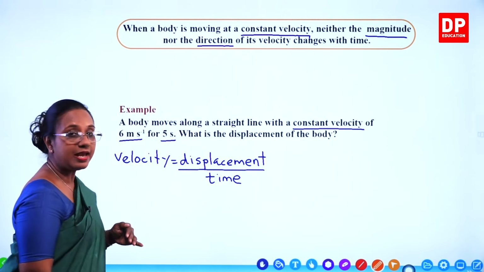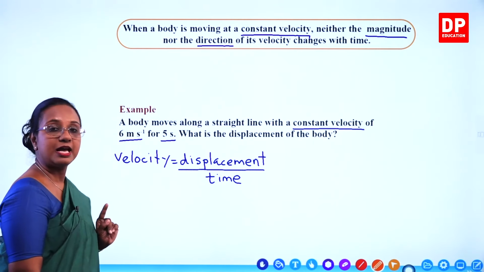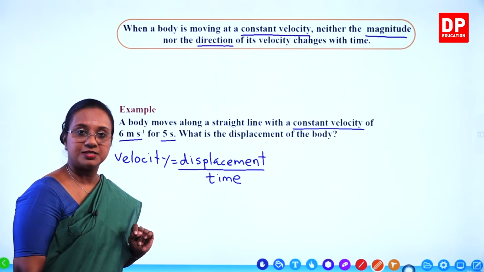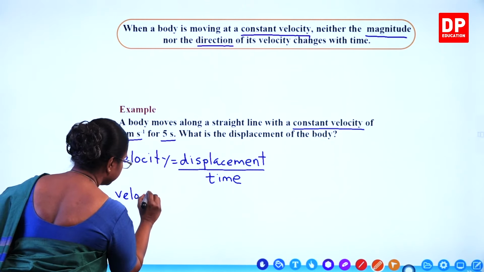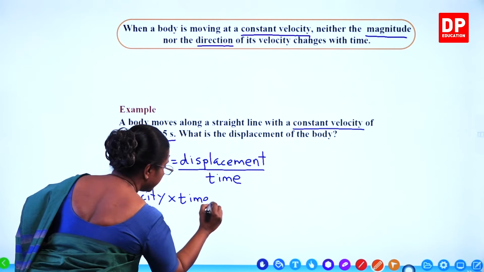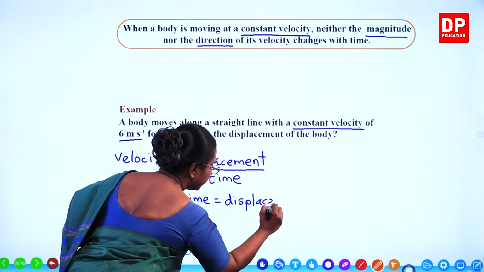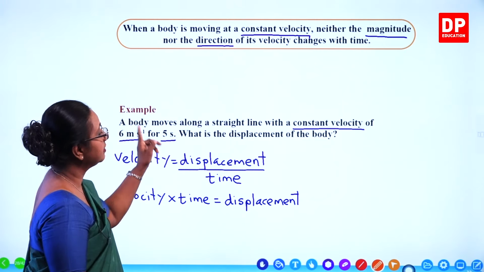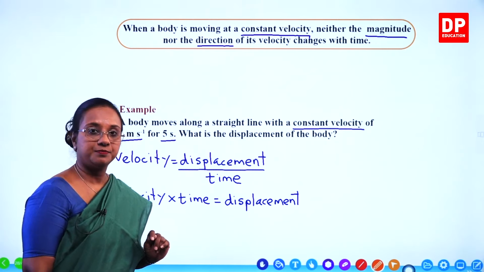So, if we rearrange this equation, if you take time and multiply velocity on the other side, you will end up with displacement. So, velocity into time will give you displacement. That is only when the object is moving with constant velocity.